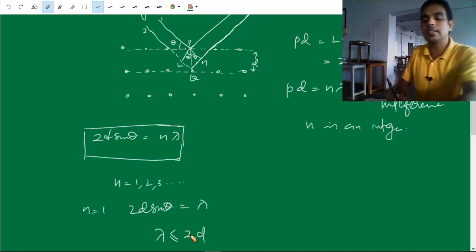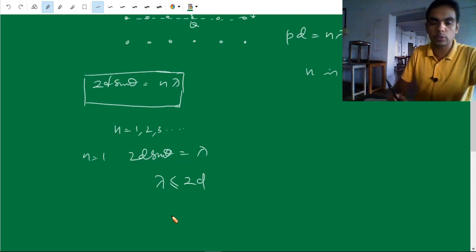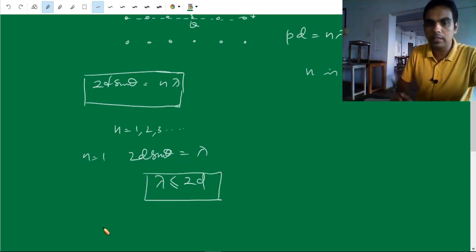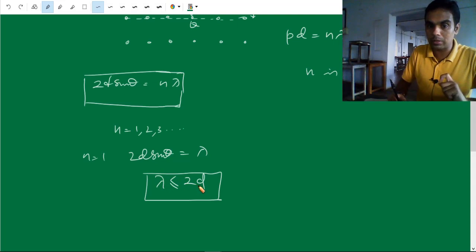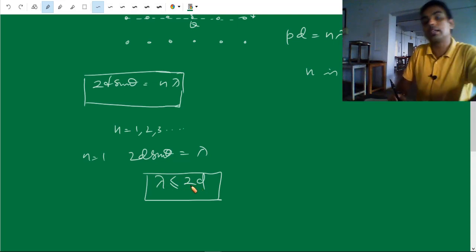So this is the condition for X-ray diffraction to occur. That means the wavelength of the wave used for scattering is always less than or equal to twice the interplanar spacing.